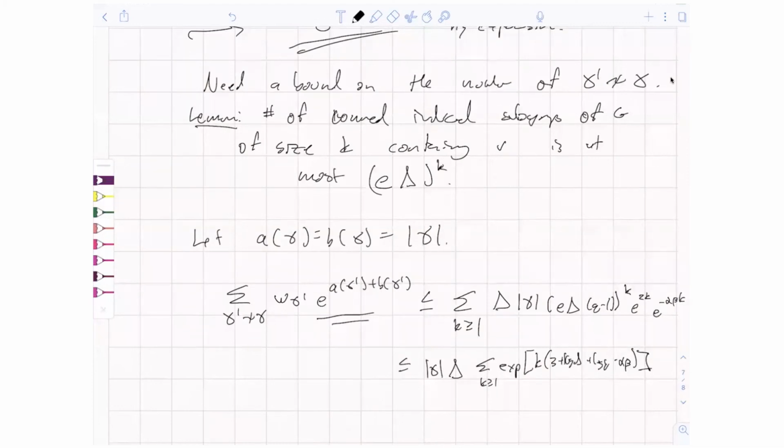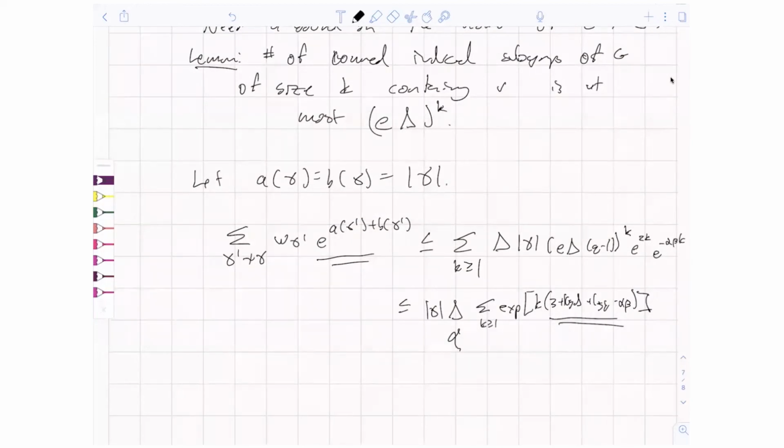Okay, and basically we want whatever is in here to be negative enough that this exponential series converges and kills off the delta, right? Because we want this to be less than the size of gamma, which is a of gamma.